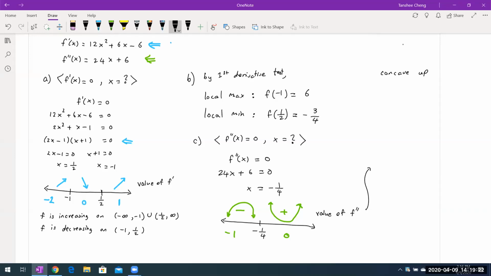Concave up on the interval from -1/4 to positive infinity.